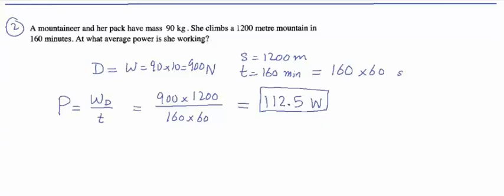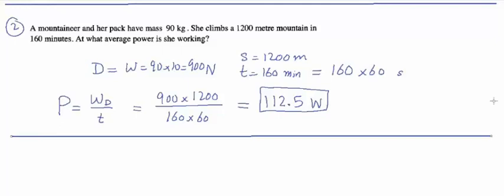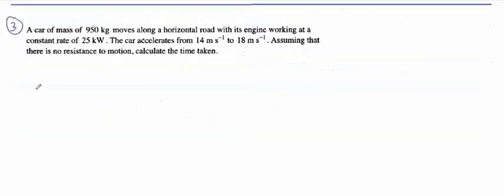Okay, so now we will see another question. A car of mass 950 kilogram moves along a horizontal road with its engine working at a rate of 25 kilowatt. So the rate is the power.